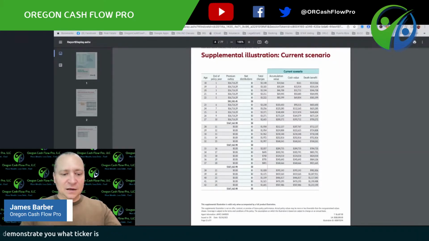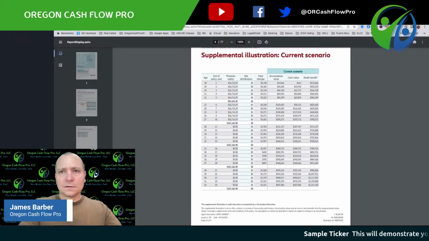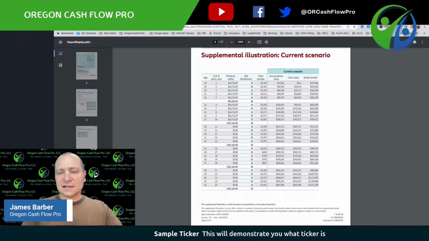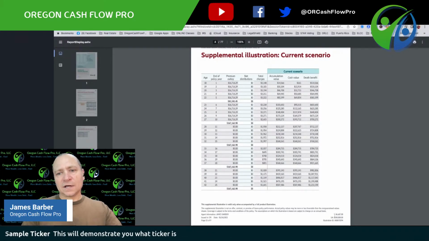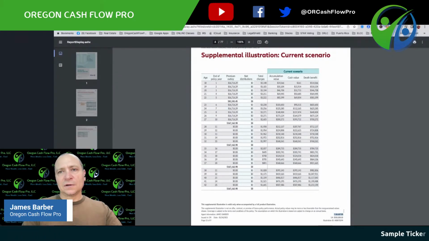If you look right here, let's see. So right here. Oh, it's not highlighting it when I do that. All right, well, down here in the bottom right corner. There we go. I wonder if I can do it this way.